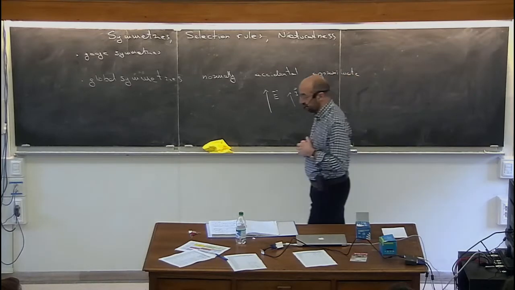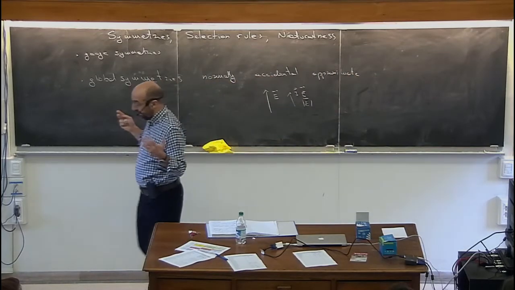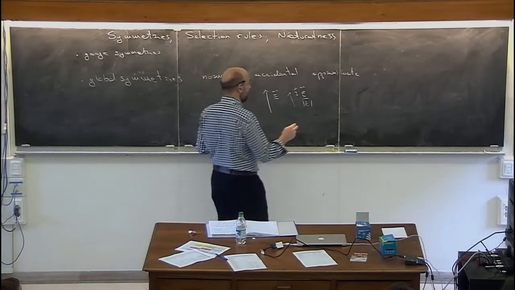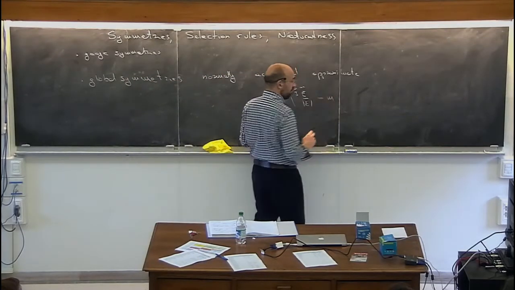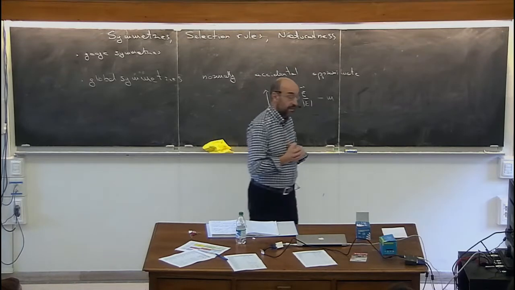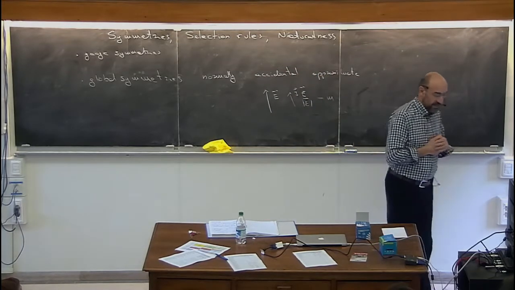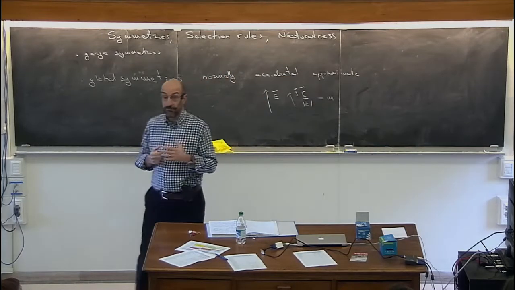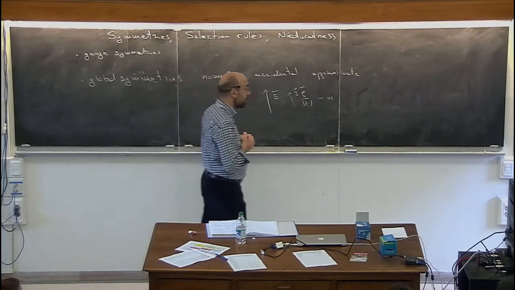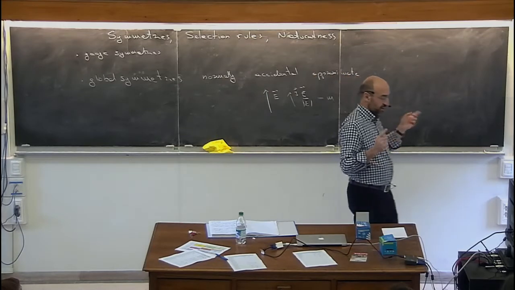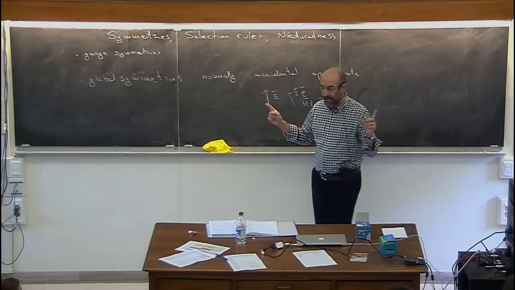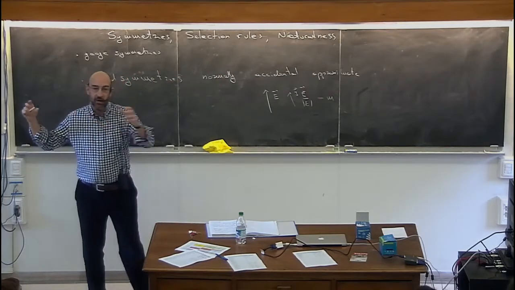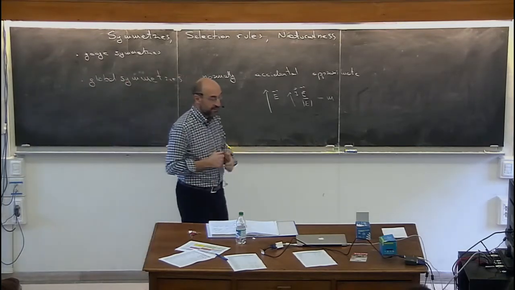The other components are broken. So energy eigenstates will be characterized only by this quantum number and their energy. In particular, they will not have, in general, a definite value of total angular momentum, J squared. And so a given eigenstate will have mixing, will contain components of different total angular momentum.